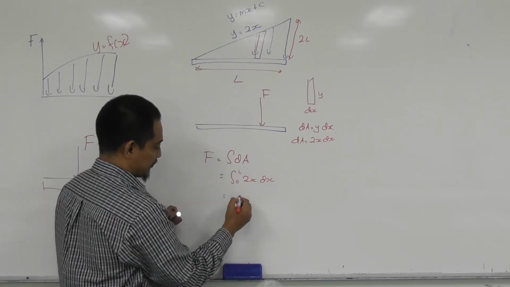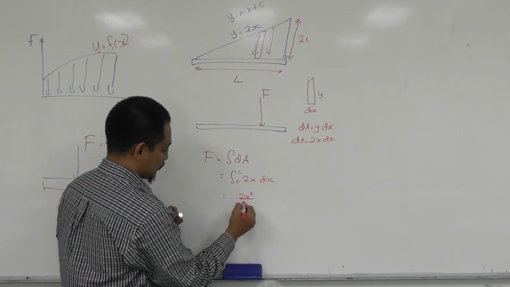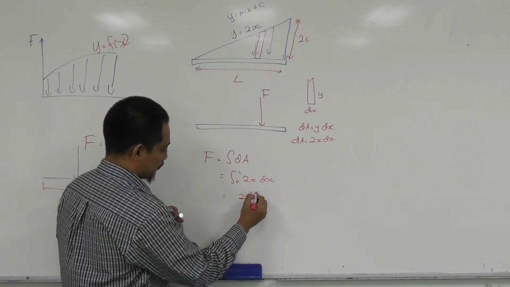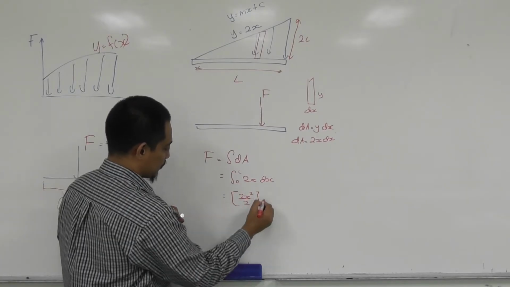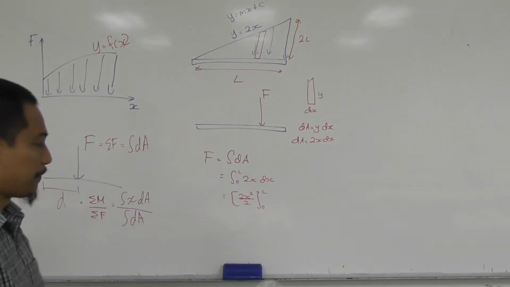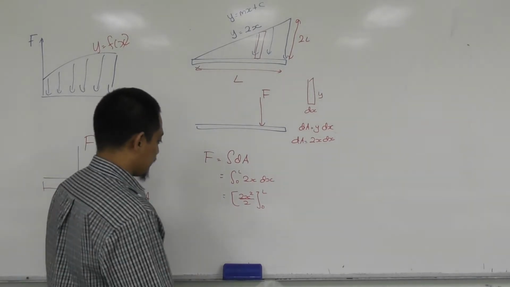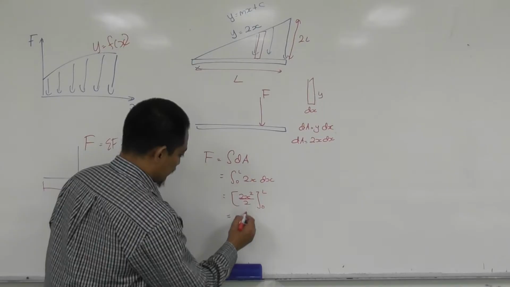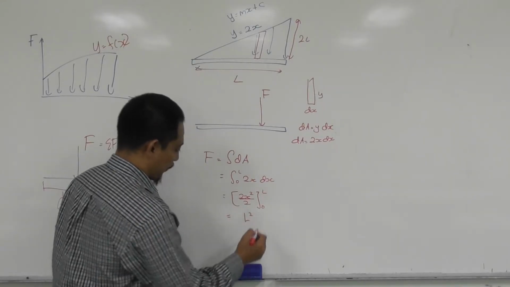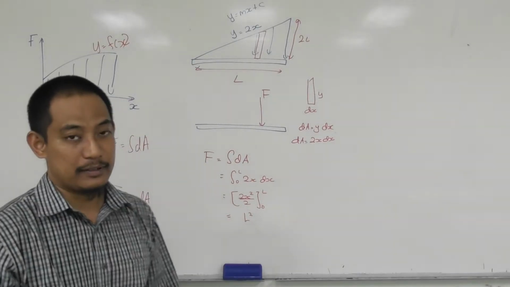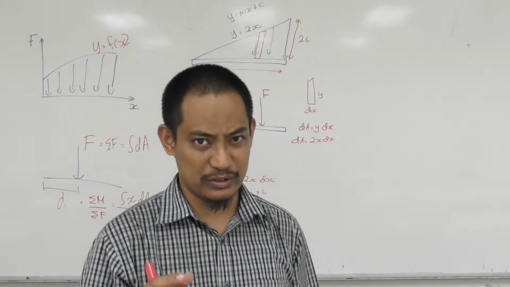If you integrate, it becomes 2x squared over 2, 0 to L. And then in this case you get L squared. Again, we just want to check.